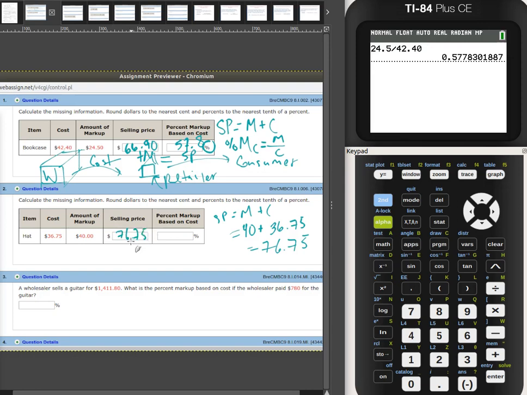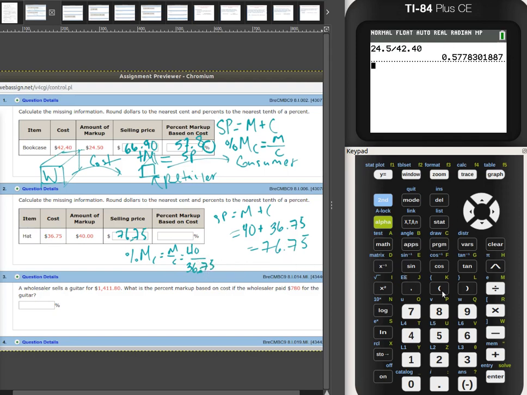And then we need to find the percent markup based on cost, which is just markup over cost. So we will do 40 over 36.75. And you see in this case, wow, it's a lot of markup because that's even more than the cost. So it's going to be more than 100% markup based on cost.